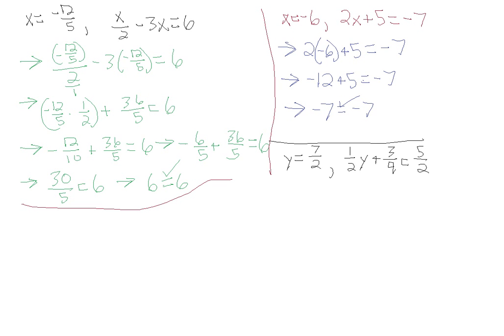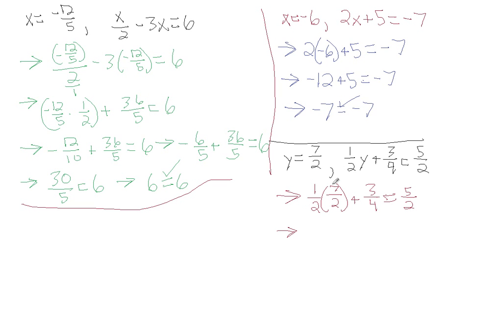Okay, so let's go ahead and plug in 7 over 2 everywhere we see y. Once again, it's only in one place. 1/2 times y is 7 over 2, plus 3 over 4 equals 5 over 2.